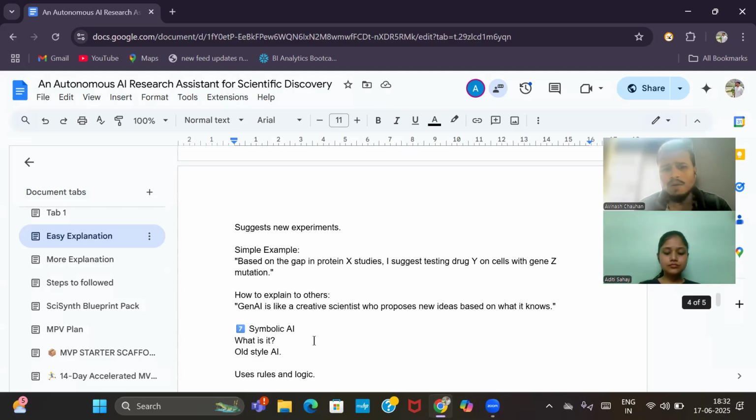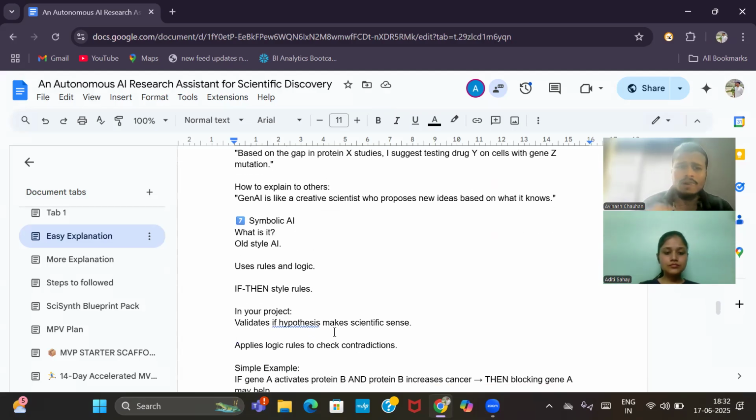And what is symbolic AI? Symbolic AI is if-then rules. Obviously, it puts some restrictions on it. For example, if you are an army person, there are certain rules and regulations for you. If you are in a war and you are following some terrorist group, you will not pee.